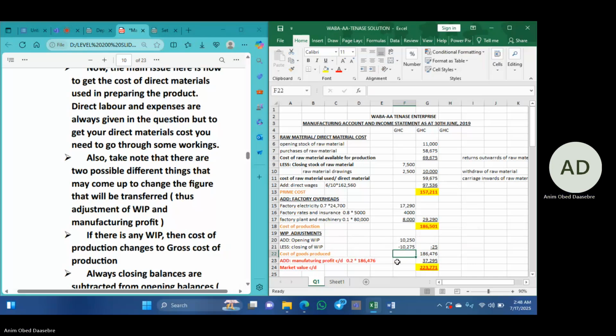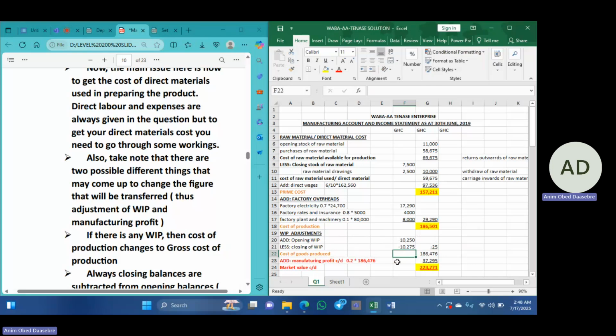Is the transfer going to be done at cost price or at market value? If the transfer is going to be done under these terms, you also need to know whether you are going to find manufacturing profit or not.